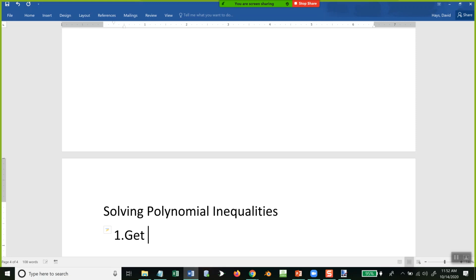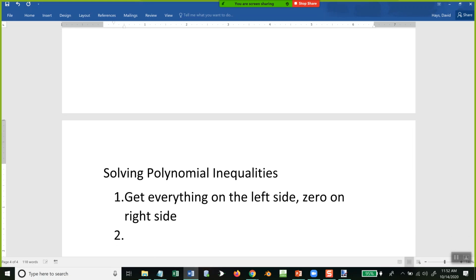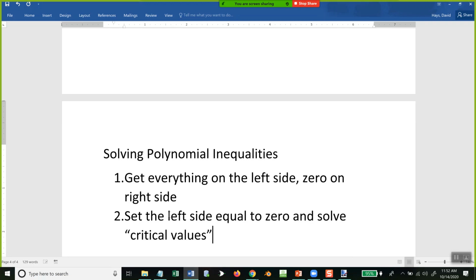Step 1, get everything on the left side, 0 on the right side. Step 2, set the left side equal to 0 and solve. And these are our critical values.